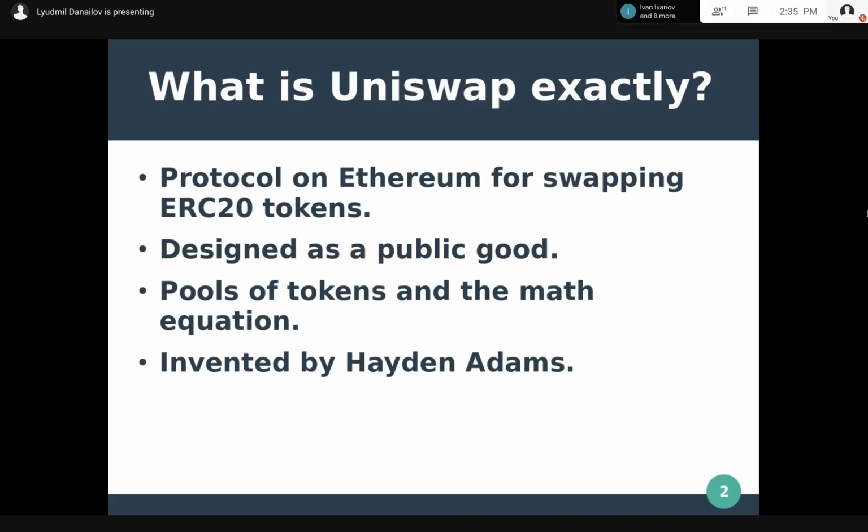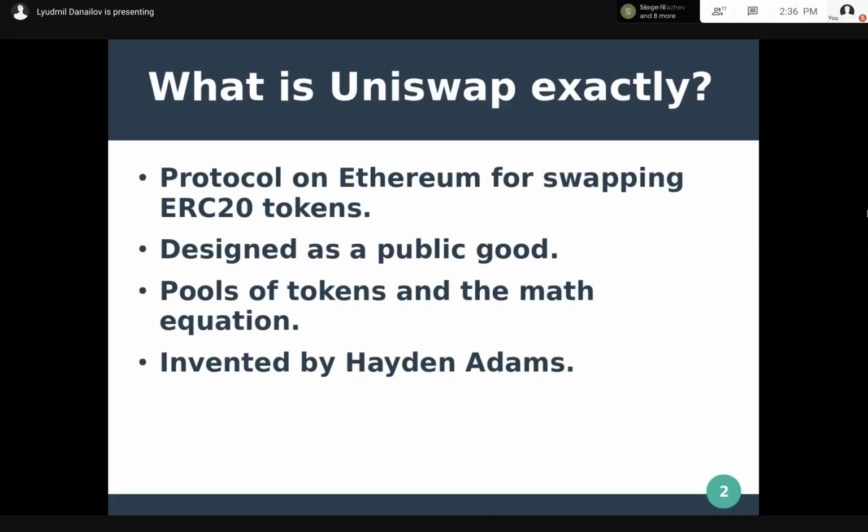And also, fun fact, Uniswap was invented by Hayden Adams, who was motivated by a Twitter post made by the co-founder of Ethereum, if I'm not mistaken.